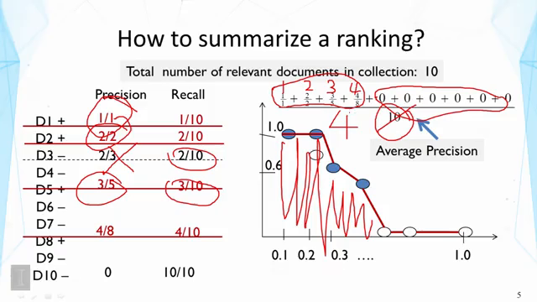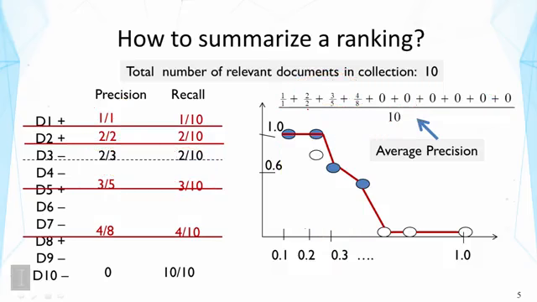So if you divide this by 4, it's actually not very good. In fact, you are favoring a system that would retrieve very few relevant documents, as in that case, the denominator would be very small. So this would not be a good measure. So note that this denominator is 10, the total number of relevant documents.